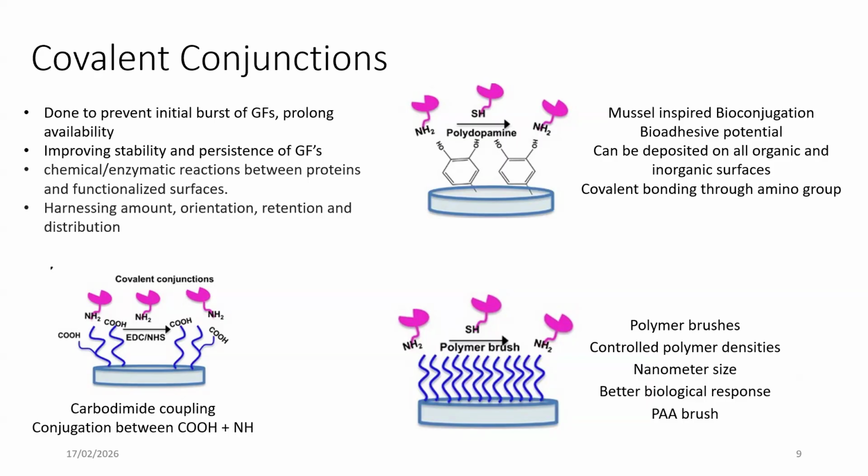They just release on their own immediately, and you have lost all the growth factor. Imagine you need a growth factor that releases on the first day, the seventh day, and the 14th day, so you can control the release. But the problem is if they are physically encapsulated, they will have an initial burst, but covalent can prolong the availability.